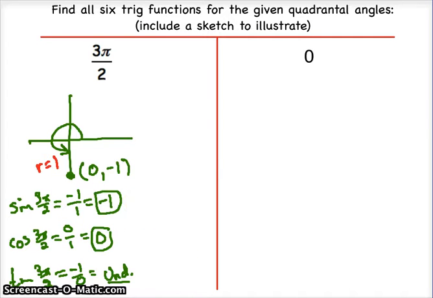If we do their reciprocals, you're just flipping over these fractions that we've come up with. So the cosecant of 3 pi over 2 is going to end up being equal to -1 again.